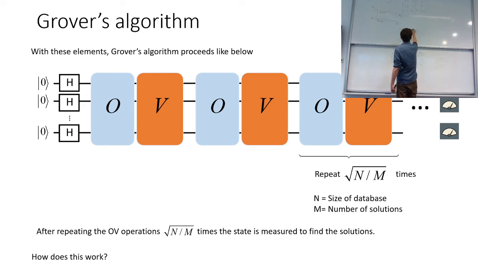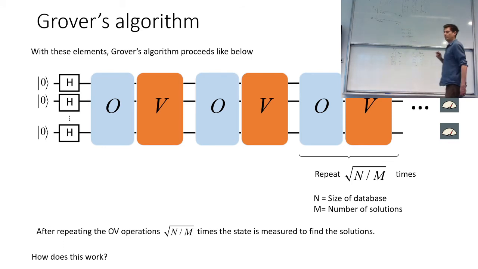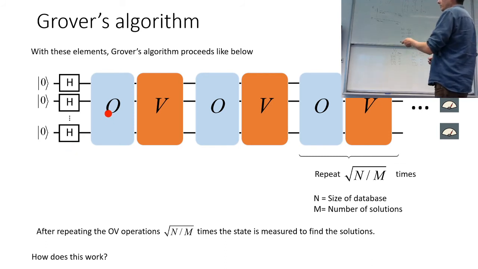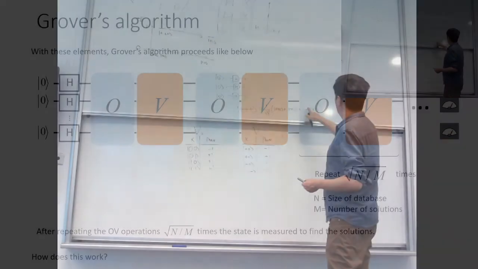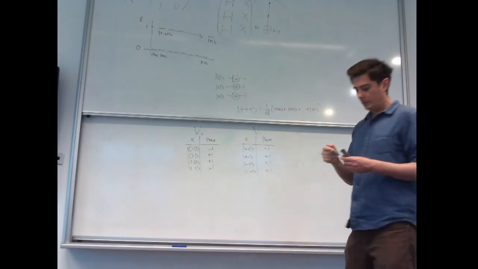Basically, at this point in the circuit, the state is plus plus plus, which is of course a superposition of every possible state, 0 0 0, 0 0 1, all the way to 1 1 1. And then we apply this oracle, and that will change the sign of the target state. So in Danny's example, it would change the sign of that one, 1 1 1.